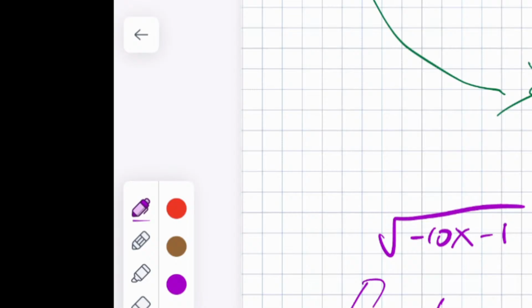All right, now I'm going to plug in negative half. So it's 3 minus 2 times negative half, minus 4 times negative half. This one is going to give you 4, and this one is plus 2.